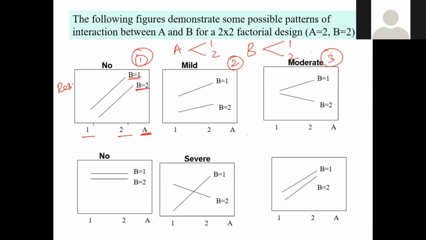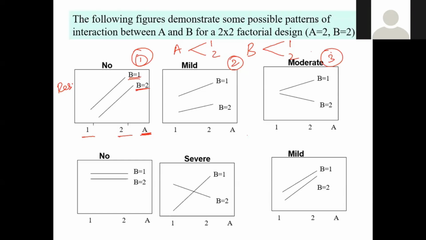Mild means very light, severe means very deep. Similar kinds of terms: mild interaction, severe interaction, and moderate interaction. These are the different interaction types.